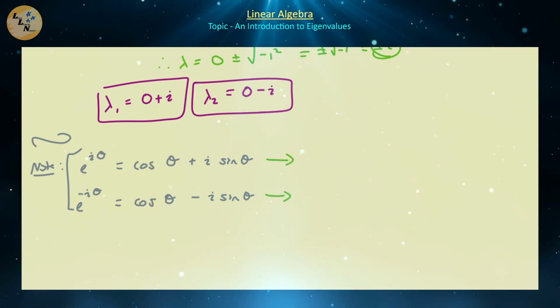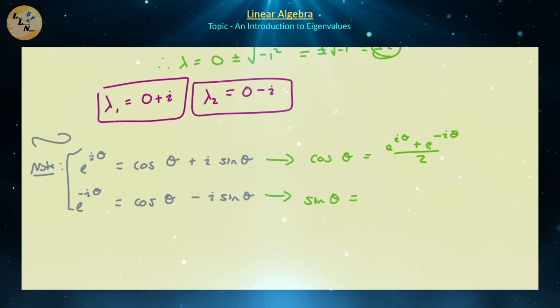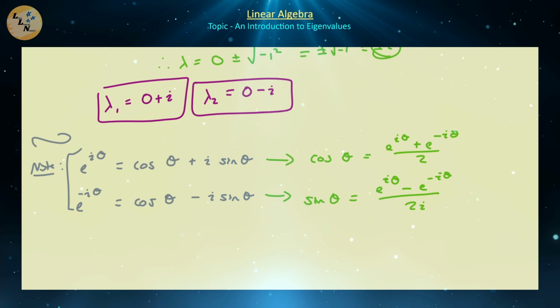So those are two very important identities, and in case you're curious, you can actually prove some interesting identities in terms of sine and cosine. So you should be able to prove, for example, that cosine theta is equal to e to the i theta plus e to the minus i theta all over 2, and sine theta is equal to e to the i theta minus e to the minus i theta all over 2i.